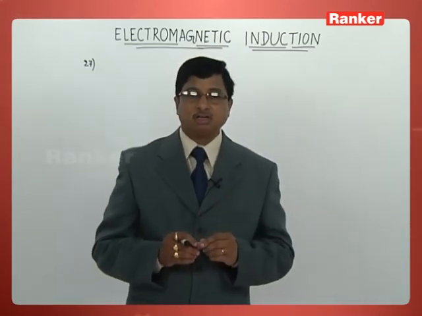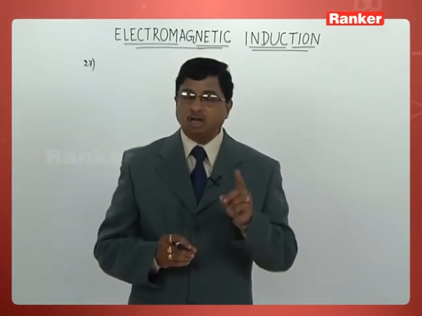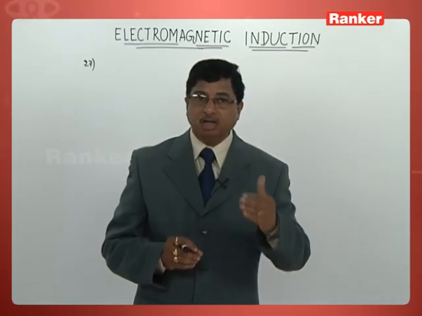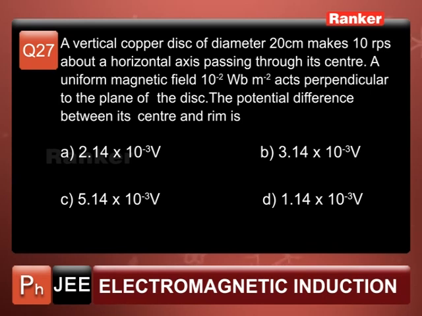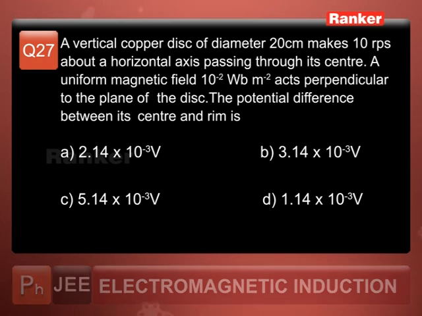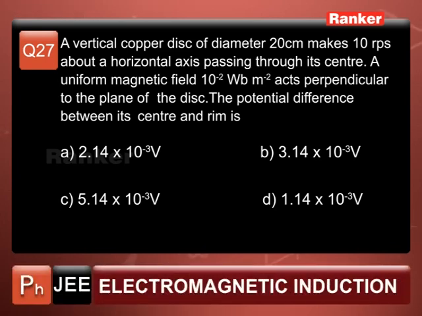We write 2 pi into 10, that now becomes 20 pi radian per second. Now check the next. A uniform magnetic field 10 power minus 2 Weber per meter square or Tesla acts perpendicular to the plane of the disc. The potential difference between its center and the rim is how much is the question.